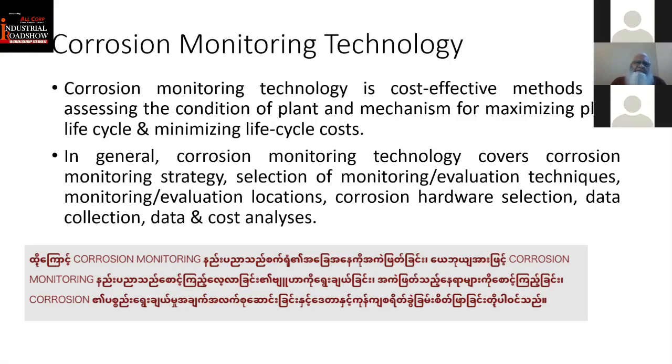In general, it covers the corrosion monitoring strategy, selection of monitoring evaluation techniques, monitoring evaluation locations, corrosion hardware selection, data collection, and data and cost analysis.